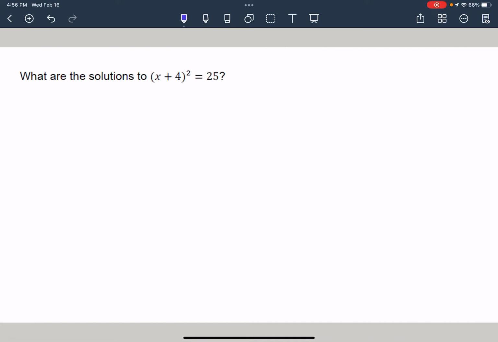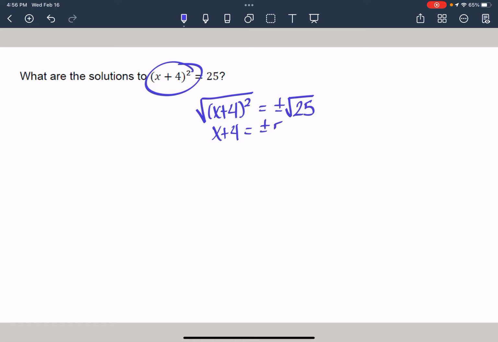So this question asked me what are the solutions to x plus 4 squared equals 25. So once again, I have that square term by itself. So I'm going to solve this by taking the square root of both sides. So when I do that, I get x plus 4 equals plus or minus 5.